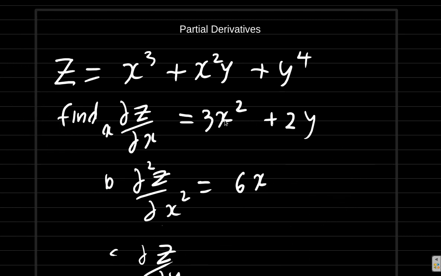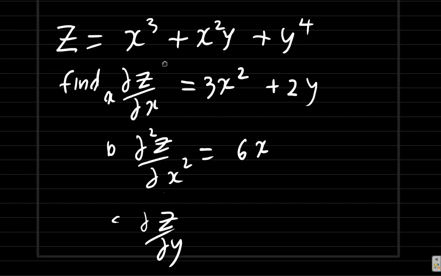Alright, so this is what you have: the second partial derivative with respect to x. What's the first partial derivative with respect to y now? Remember, you're treating x for now as if it's a number.